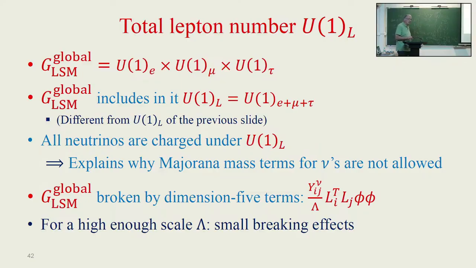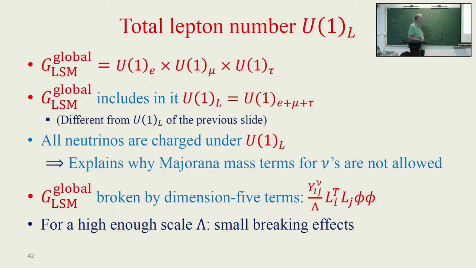But the neutrinos all have charge under U1L. Each of them has charge +1 under this lepton number. They are leptons, either nu e or nu mu or nu tau. And we said that the fact that they are neutral under U1 electromagnetism, naively we would have expected them to get masses because it's not forbidden by the remaining symmetry.